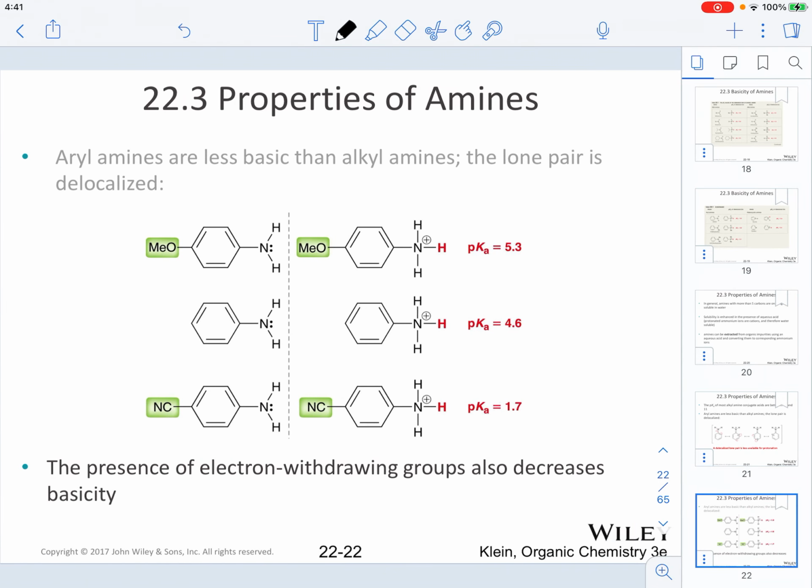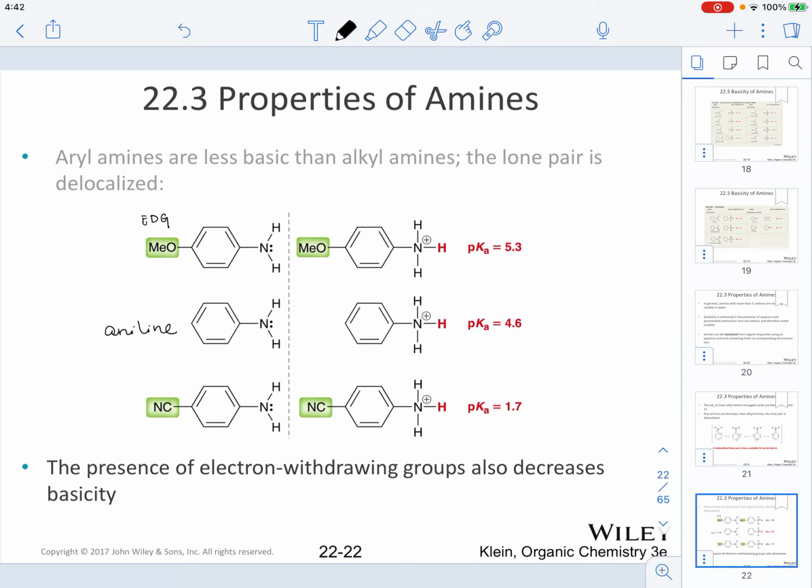Understand that in the molecule of aniline, the presence of an electron withdrawing group also decreases its basicity. As you can see, we have aniline in the middle. We have an electron donating group, the methoxy group, and here we have a cyano group, an electron withdrawing group.